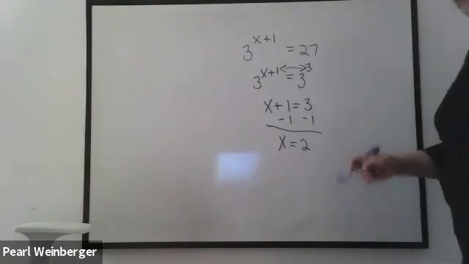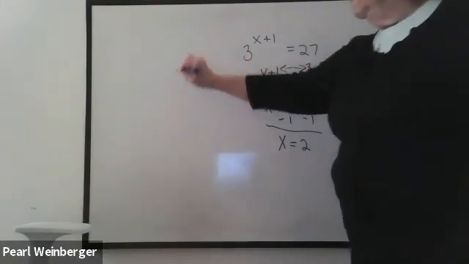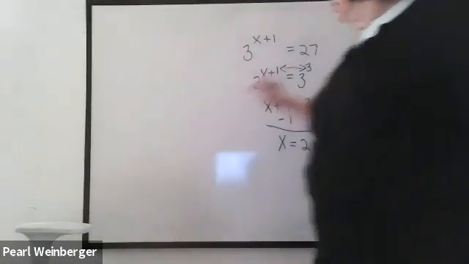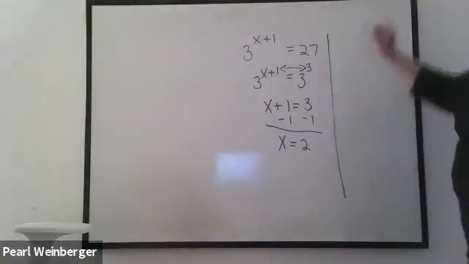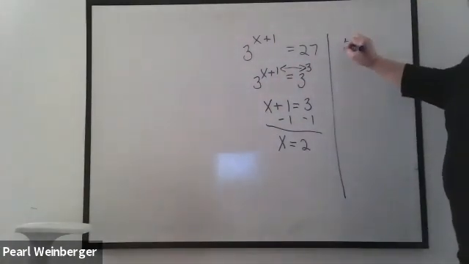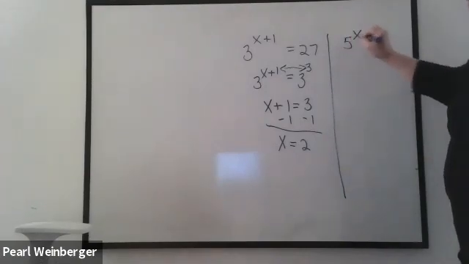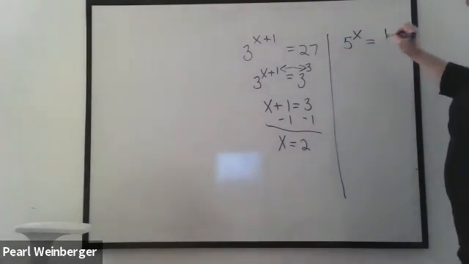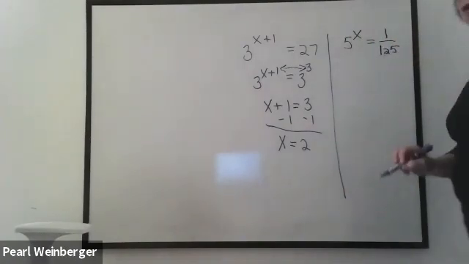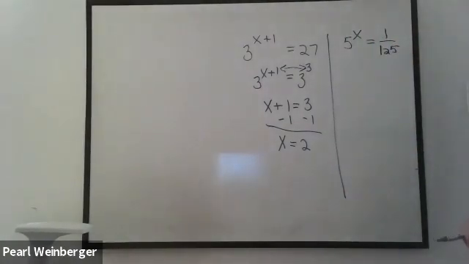What if I gave you this? Here's another equation. I'll give you a couple minutes to think about it. 5 to the x equals 1 over 125. Think about what you would do with that.